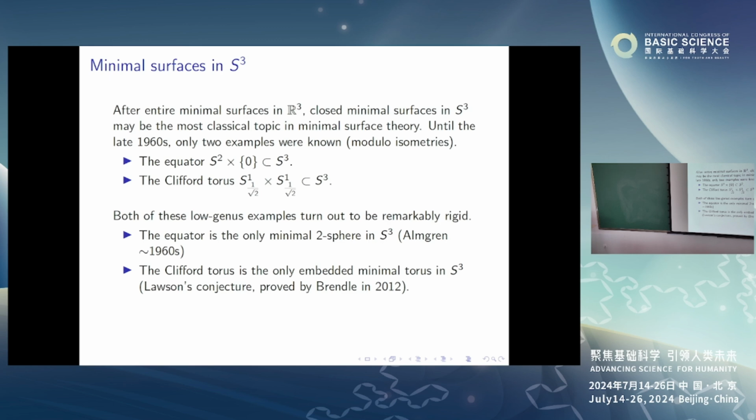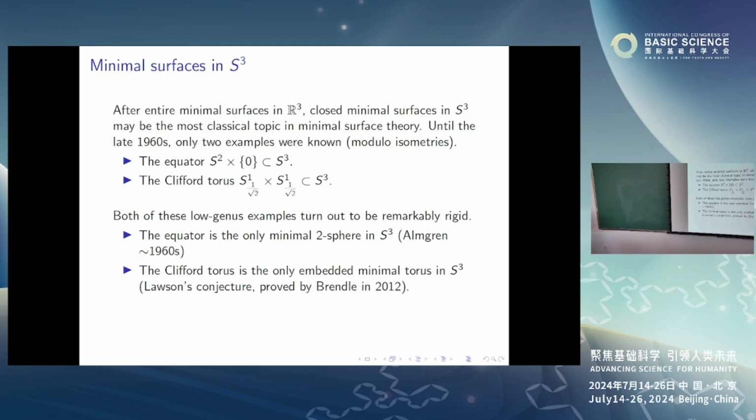And then more recently, in Brendle's confirmation of Lawson's conjecture a little over a decade ago, we learned that the Clifford torus is the only embedded minimal torus in the three sphere. Of course, there are other ones if you go to the immersed setting. So if you're interested in the category of embedded minimal surfaces, closed minimal surfaces in S3, in genus 0 and genus 1, this is the ballgame.